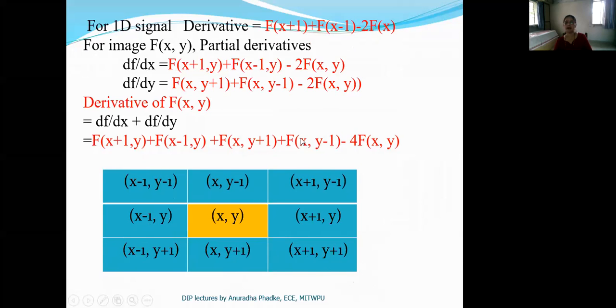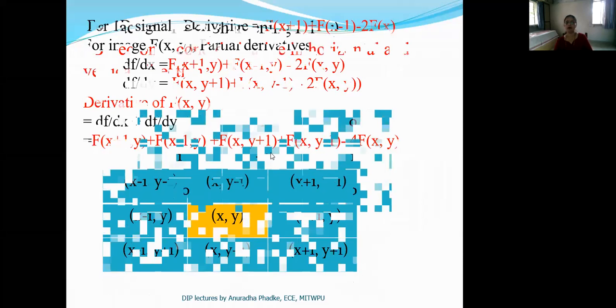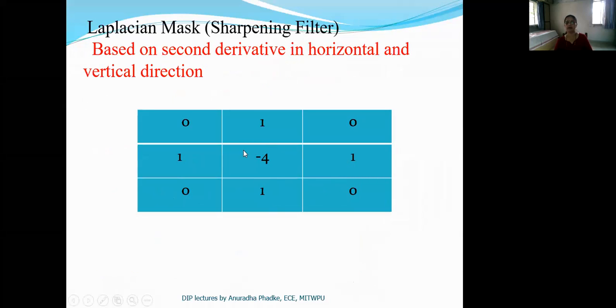Can anybody tell me what might be the central coefficient if we consider transitions in all possible directions: horizontal, vertical, plus 45 as well as minus 45? If we consider all these transitions, what will be the value of the central coefficient? Can anybody guess?